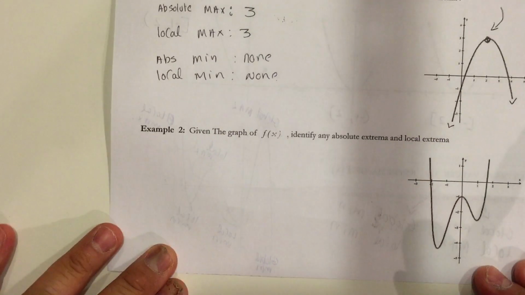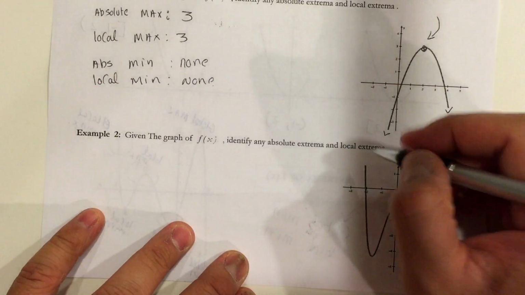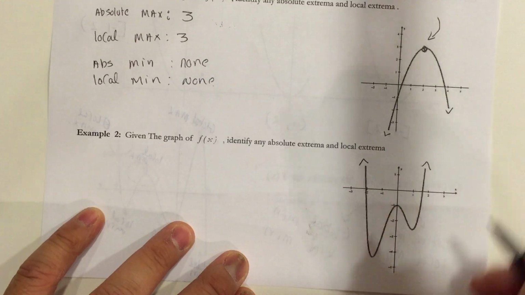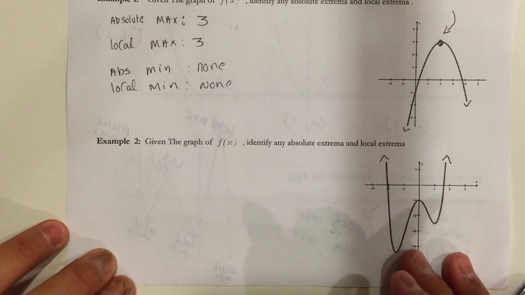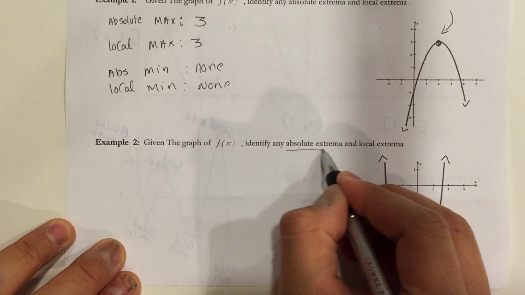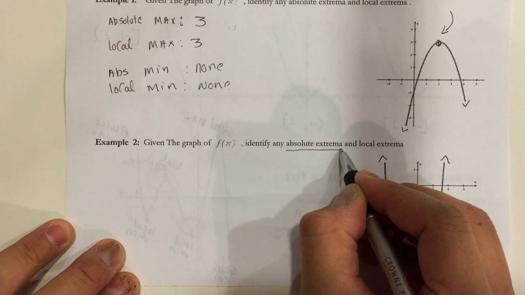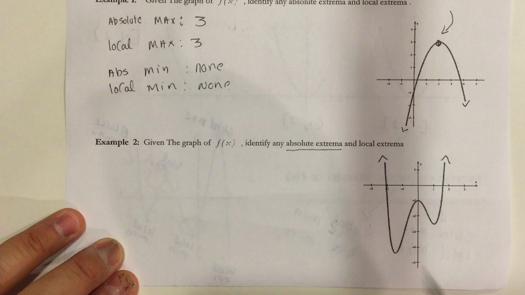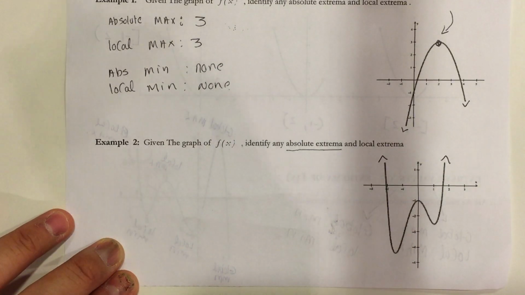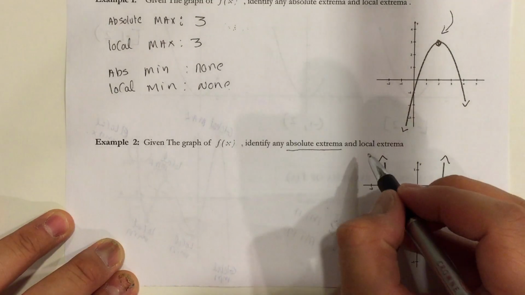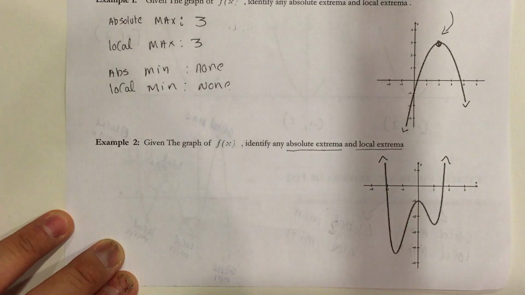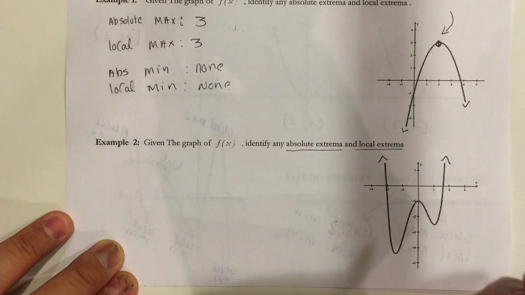Okay, let's take a look at example number 2. Okay, I'm going to assume that the graph has arrows on there. What are the absolute extrema? In other words, what are the largest and the smallest? And local extrema, what are the largest within a specific neighborhood?